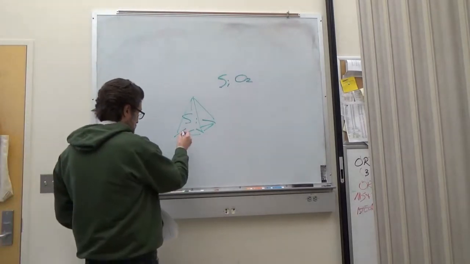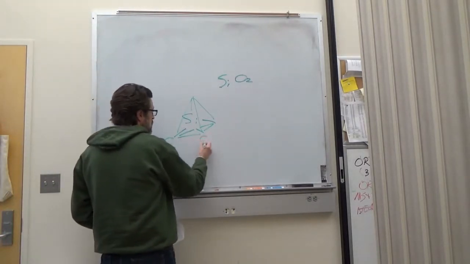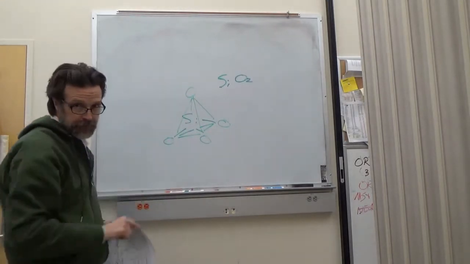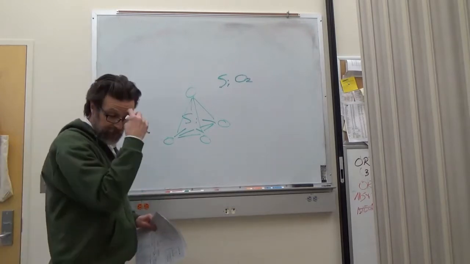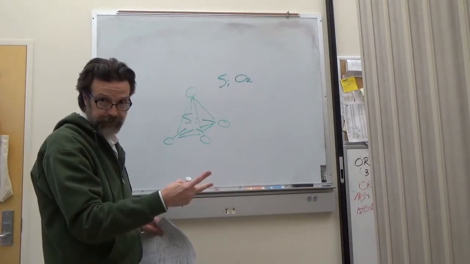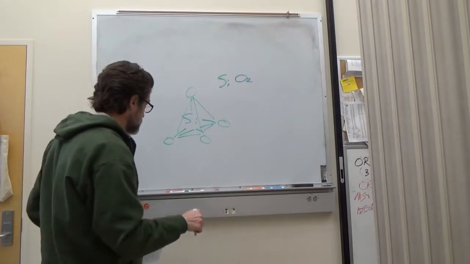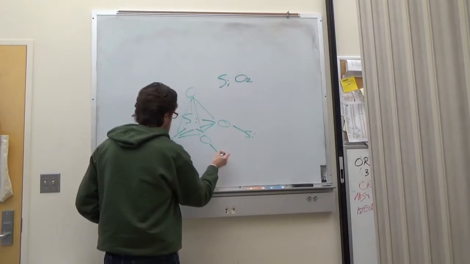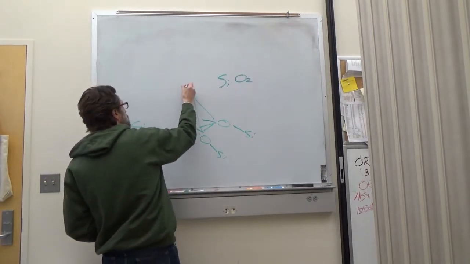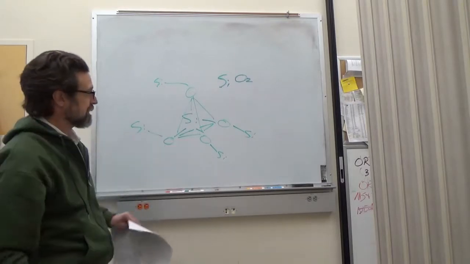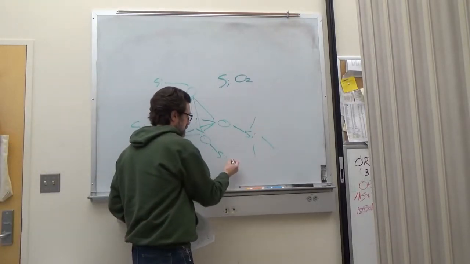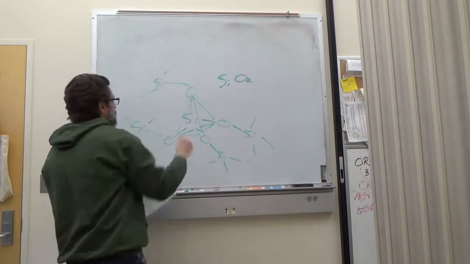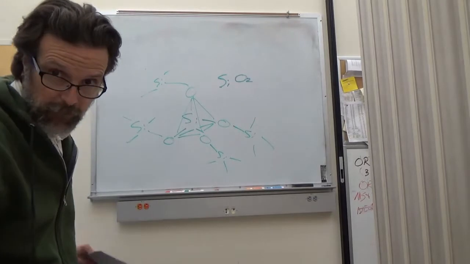So at each one of the corners of this, it will bond to oxygen. Each oxygen wants to connect to 2 atoms to saturate its bonds. So each oxygen will then connect to Si. And then each one of those Si's connects to 4 other oxygen, and that's how the network is formed.